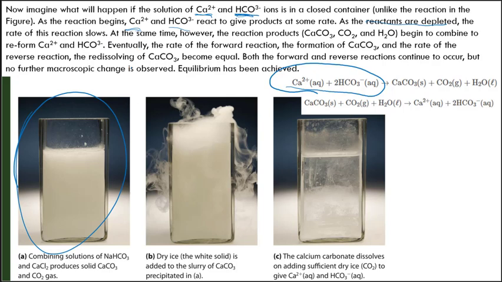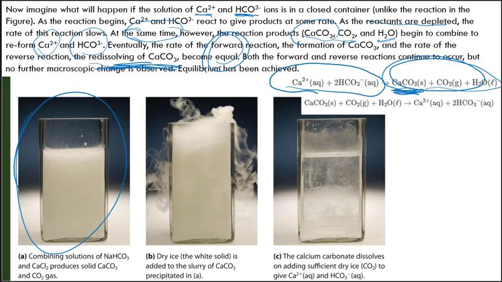But if this was a closed container, at the same time, the products, which are the calcium carbonate, the CO2, and the H2O, these products then combine to reform the calcium ions and the HCO3- ions. Eventually, the rate of that forward reaction, which is the formation of the calcium carbonate, and the rate of the reverse reaction, which redissolves that calcium carbonate, become equal.